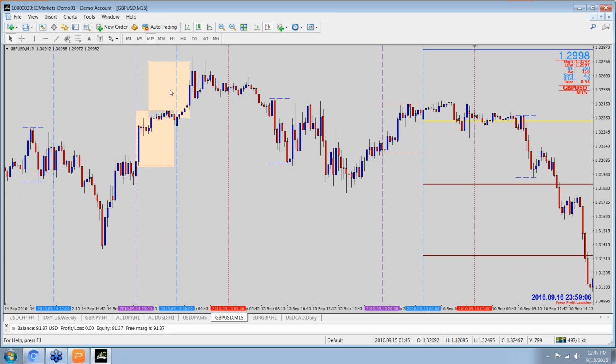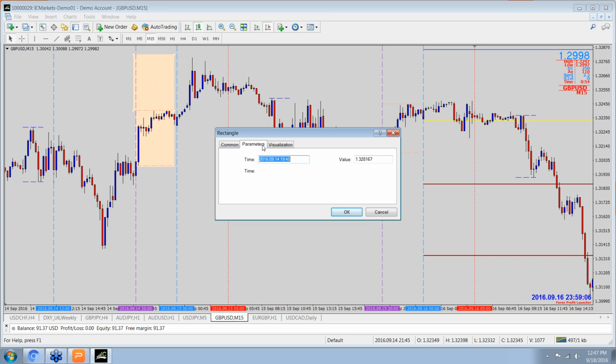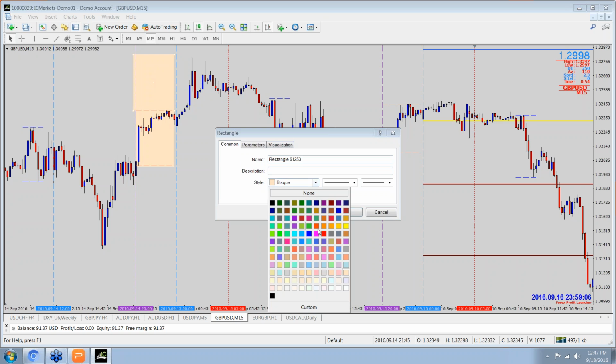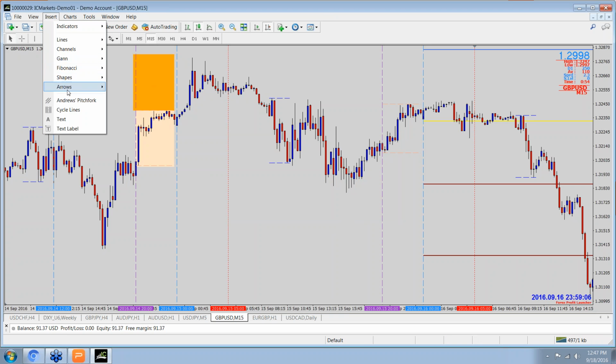Boom, right? And then we place that on top. Same size. Change the color. Let's do an orange. All right. So boom, okay, we've got our one standard deviation.